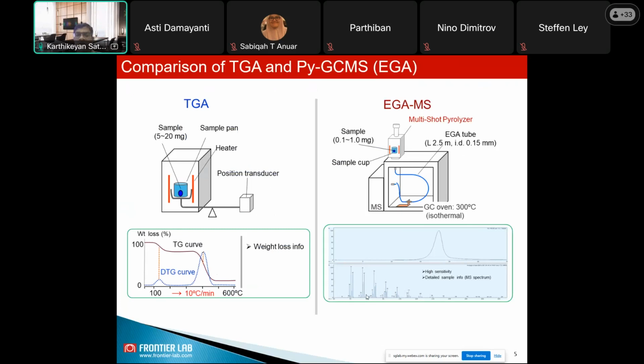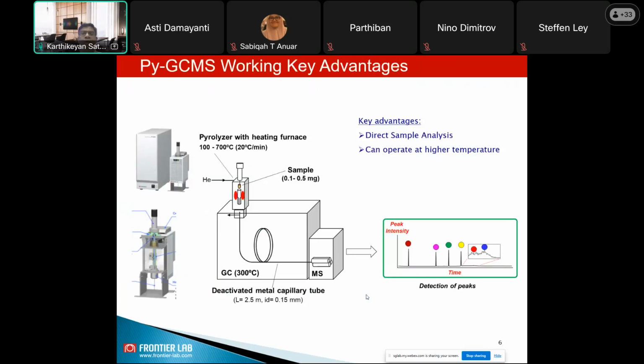Based on the average mass spectrum of the peak, we can easily identify the type of chemicals present in this material. That is the additional information one can get from EGA-MS compared to the TGA. Otherwise, one has to consider a TGMS for such information.